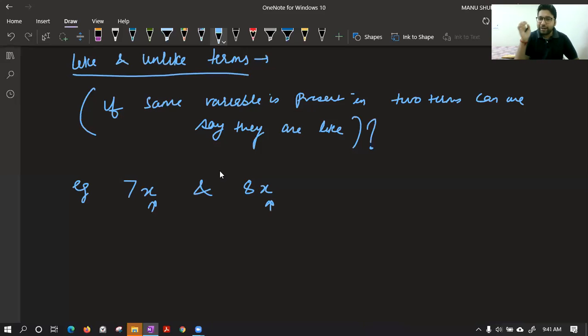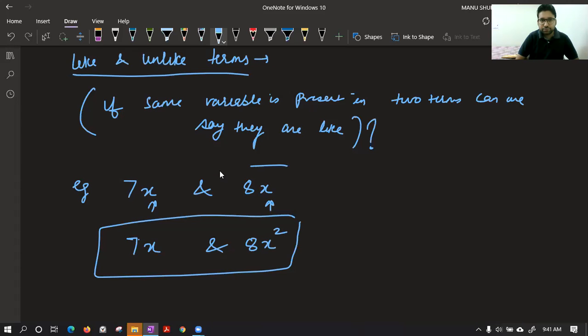But if I do a single change like this, 7x and 8x square, now please tell me, are they still like terms? Although the variables are the same, you can see both have x only, but now they are not like terms.